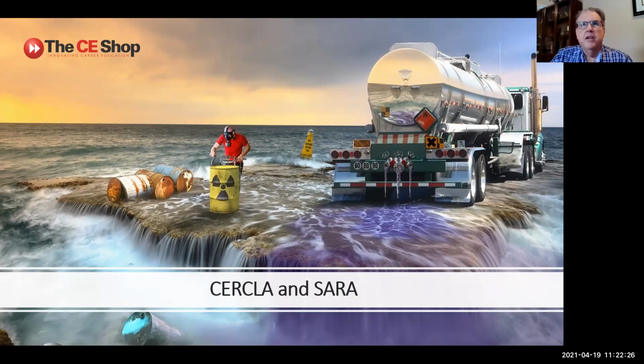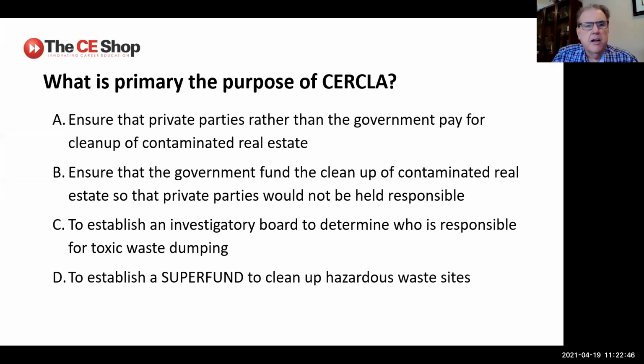And of course, we have a boatload of laws related to environmental issues. We've got CERCLA and SARA, and not mentioned today, there's another one called SAHARA. There are all kinds of environmental laws, federal, state, and local level. So CERCLA, also called the Superfund Act.